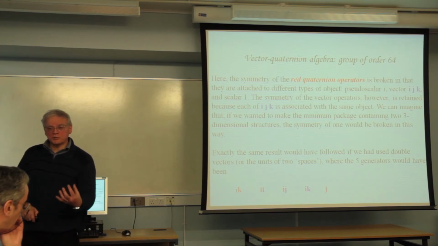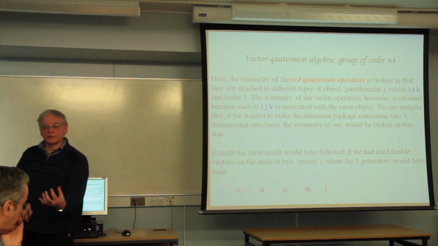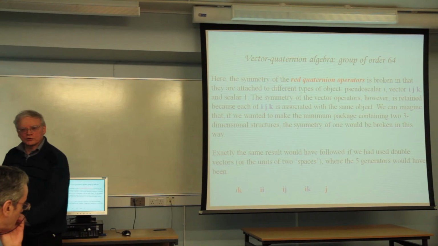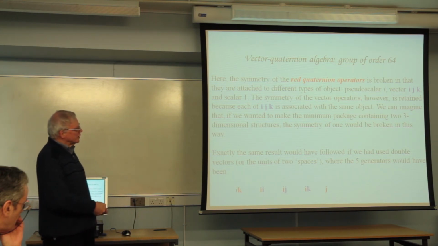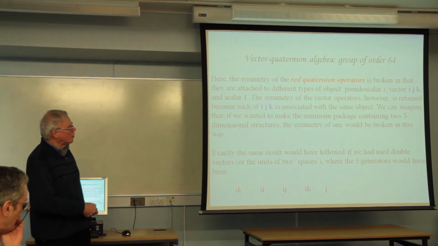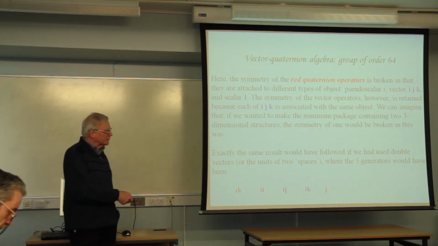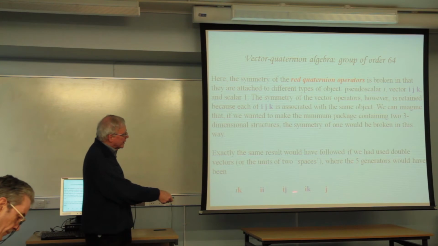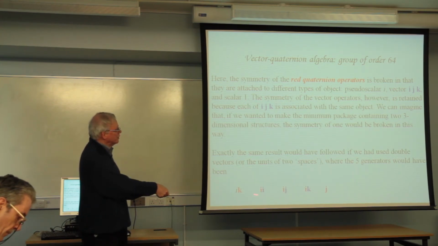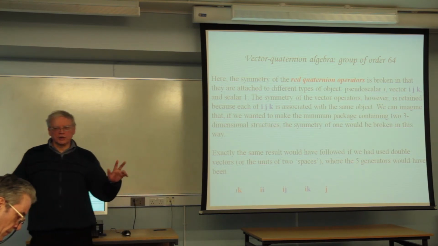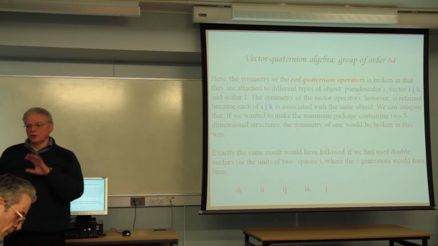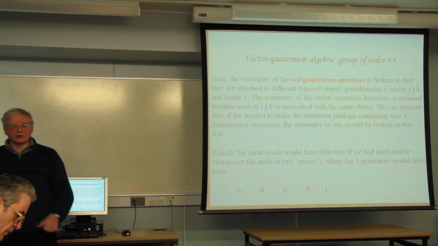So to find the minimum structure from which they can be generated, I would have created a broken symmetry for one of them. And in the last lecture we said how broken symmetry always resulted from complexity, and this is a kind of first level complexity, a packaging of all the objects. So if I had 2 substructures, I would have broken the symmetry between one of the 2 component 3-dimensional objects.